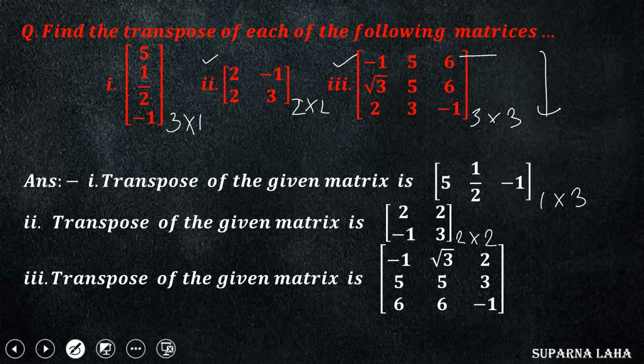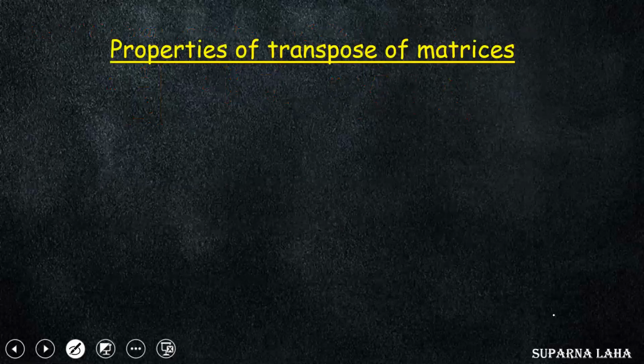That is changing the rows into columns, and this is also a 3 by 3 matrix. So finding the transpose is very easy. You just need to interchange the rows into columns. That is your transpose.